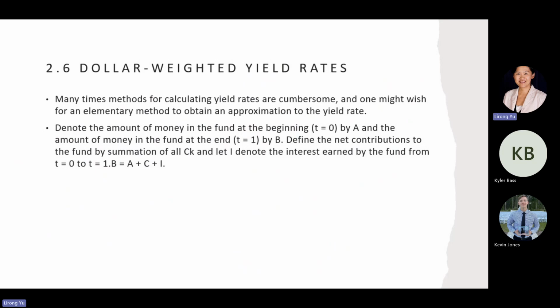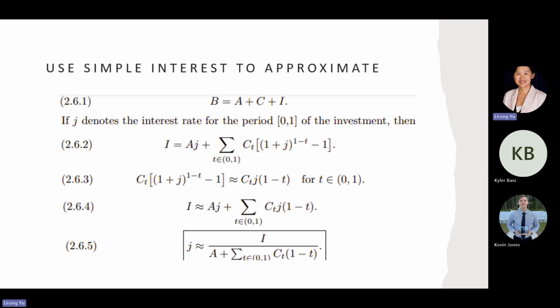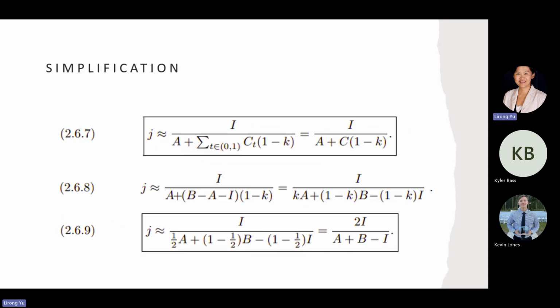Dollar-weighted yield provides a roughly accurate calculation, so instead of guessing the interest rate, you have a way to get a close enough calculation. It's essentially a way to determine the interest rate without having to do a higher order polynomial solution.